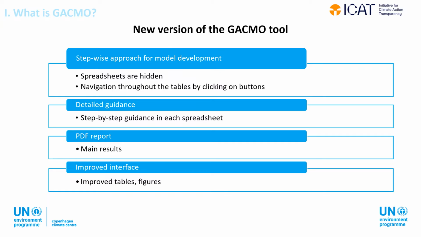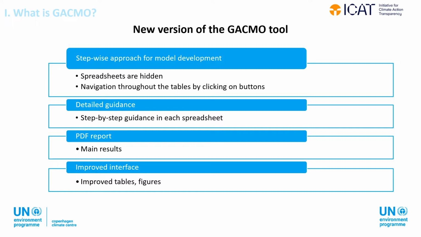UNEP Copenhagen Climate Center has released a new version of the GACMO tool. The development of this new version of GACMO has been supported by the Initiative for Climate Action Transparency, ICAT. The new version of the GACMO tool follows a stepwise approach for model development. Most of the spreadsheets are hidden.